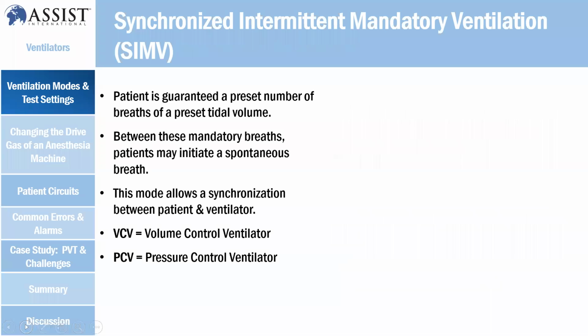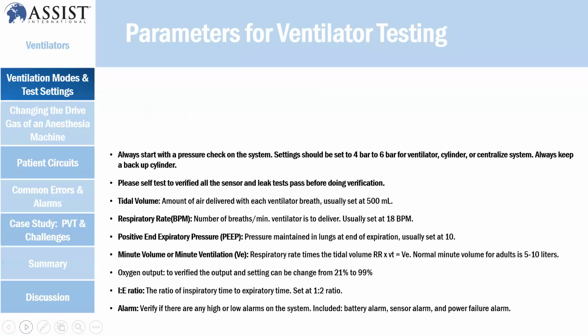Here patients are guaranteed the volume or pressure, but at the same time it will trigger according to the condition of the patient itself. If the patient triggers something from their breathing, it's going to help support that particular breath as well. So that's how it works on the SIMV.